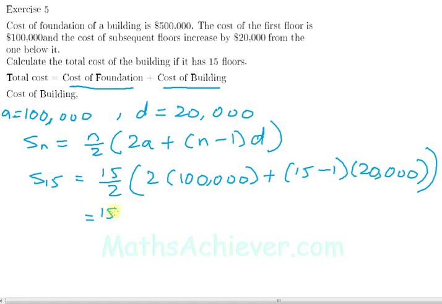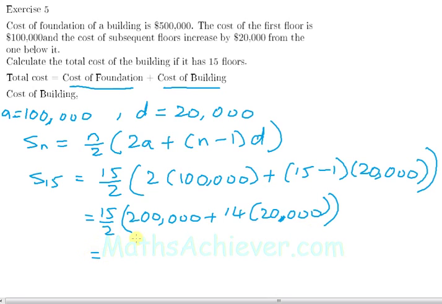This gives us 15 over 2 times (200,000 plus 14 times 20,000), and here we have the result: S15 is 3,600,000.